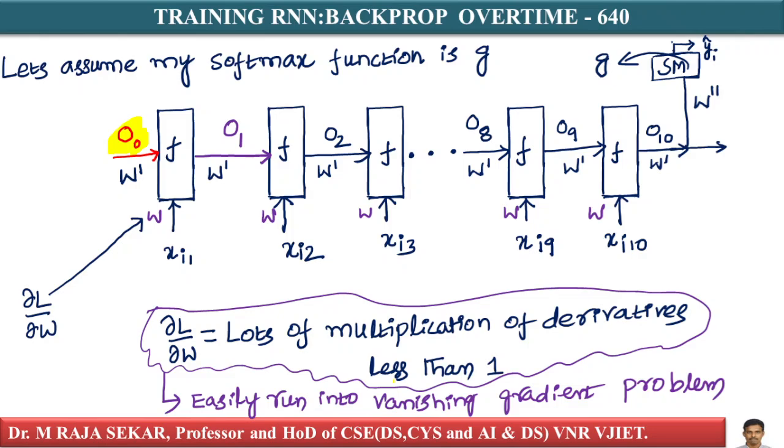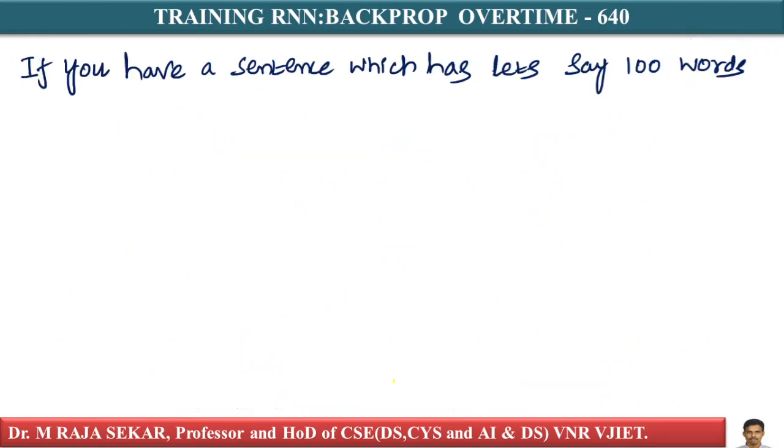You run into the vanishing gradient problem not because you have many layers, but because you are repeating this operation over time.